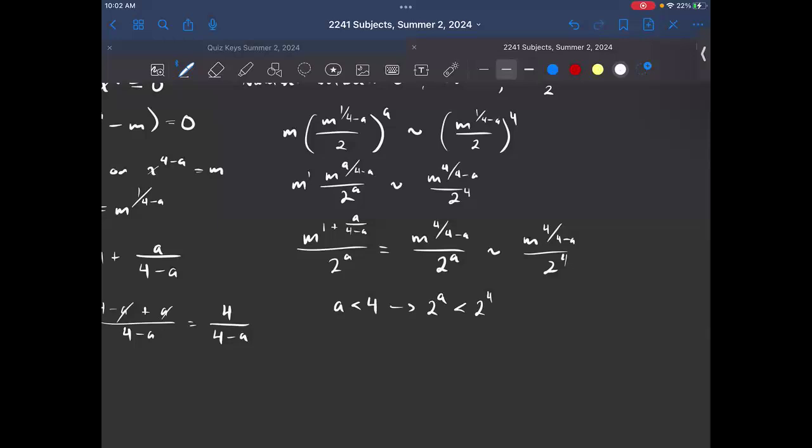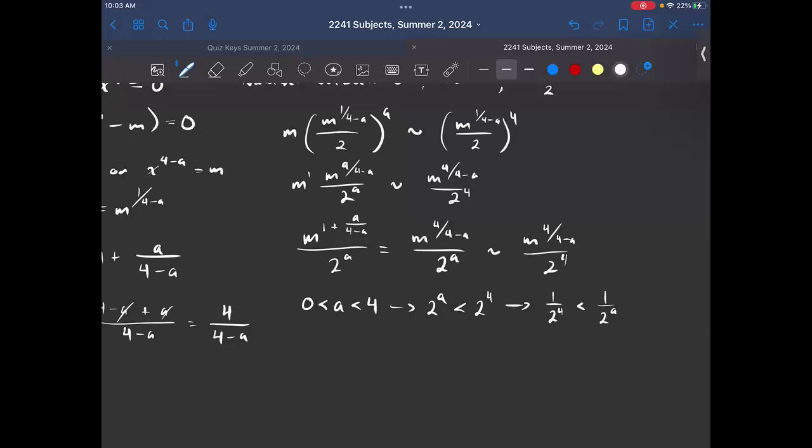And I guess it's probably a good idea to put in a is greater than 0 as well. Okay, and if 2 to the a is less than 2 to the 4, well, I can flip them. Cross divide maybe is an easier way to think of that. And that gives me that 1 over 2 to the 4 is less than 1 over 2 to the a.